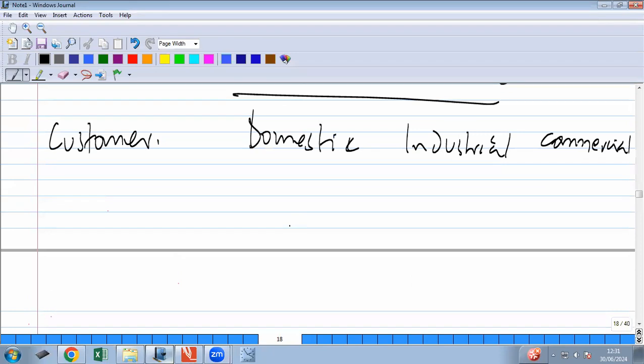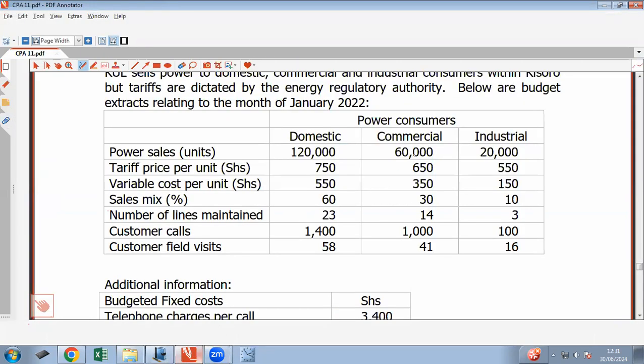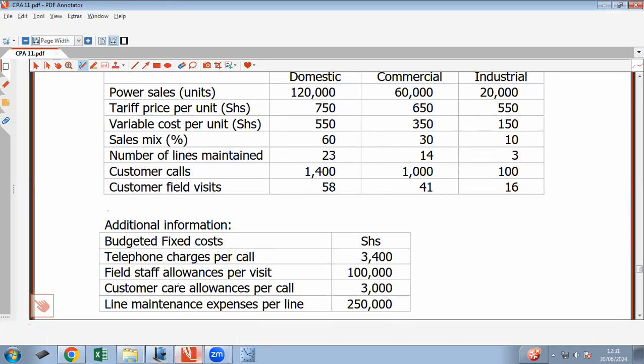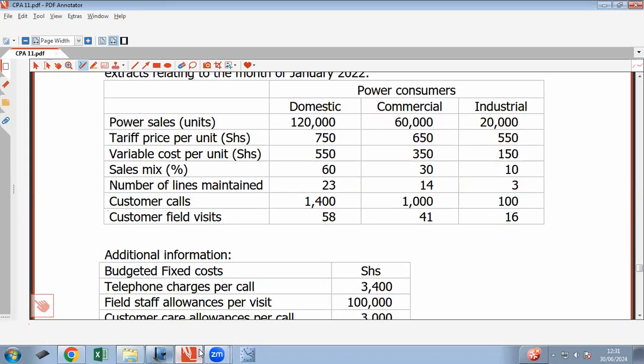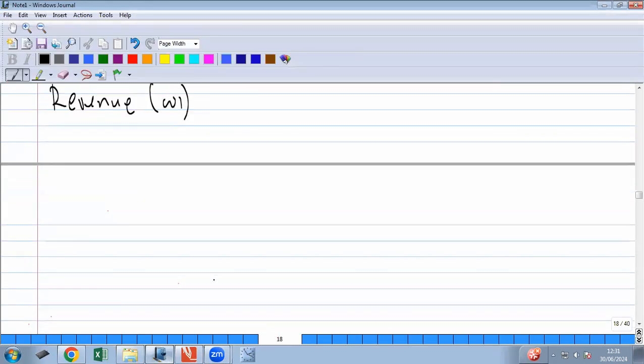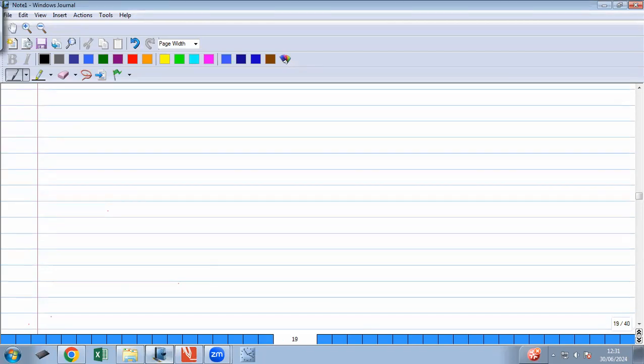So we can say this is revenue, our working number 1. Is it in thousands? They have not given us, so we shall take it the way it is. This is workings, 1, revenue.